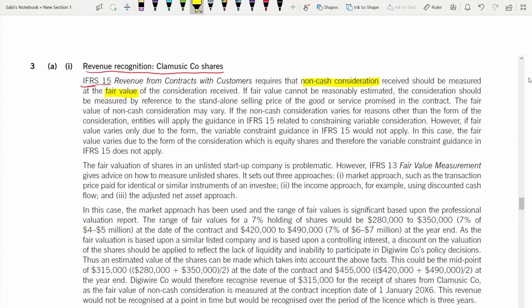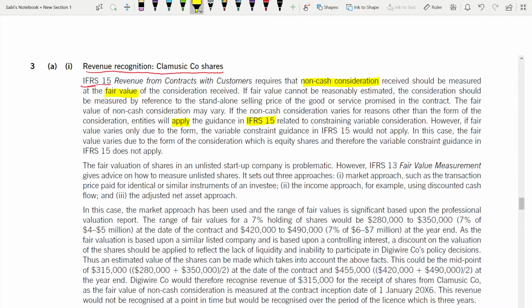So if the non-cash consideration varies for reasons other than the form of the consideration, entities will apply IFRS 15. You have to tell them when entities should apply IFRS 15, and when they should not apply IFRS 15. Because you are recommending, right? You are the one who is advising. So you can tell, okay, apply this.